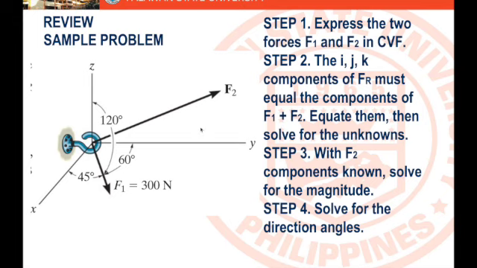So we have Fr equals F1 plus F2. And by that, we will be getting an equation and we can find the unknowns. So we will be solving for the components of F2 from that equation. And after we get the components, we solve the magnitude and solve for the direction angles of F2. So our computation here will revolve around F2.